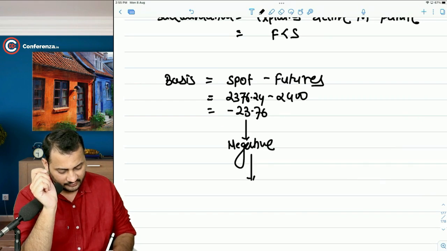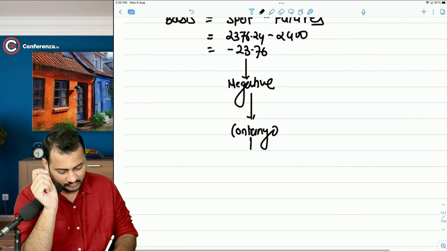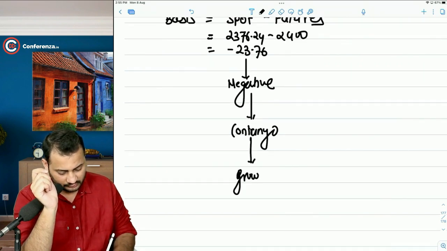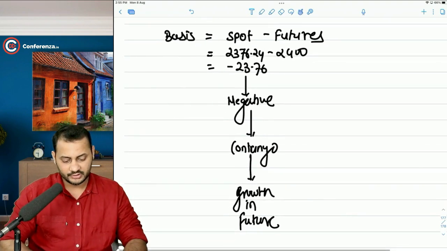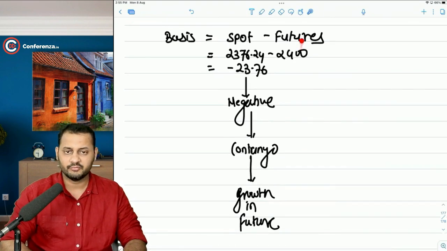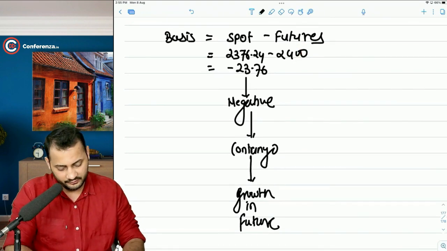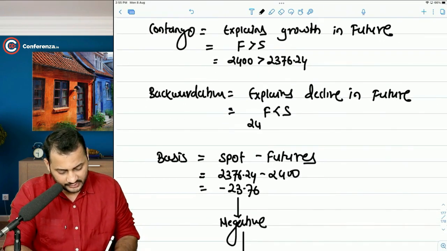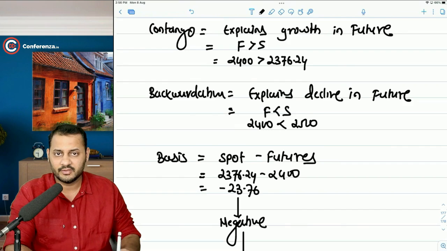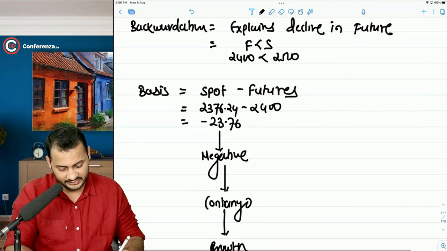Negative basis itself means the market is contango or growth in future. Simple logic. Growth in futures, simple. Futures is higher. But if, let's take this example, if the futures price is 2400 and let's say the spot price is 2500, in that case we will have a positive basis.